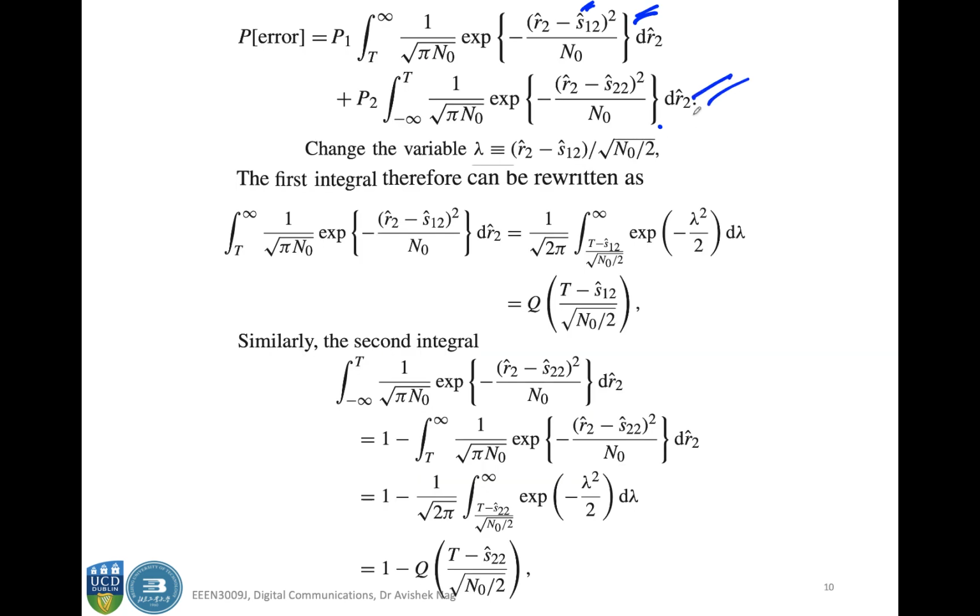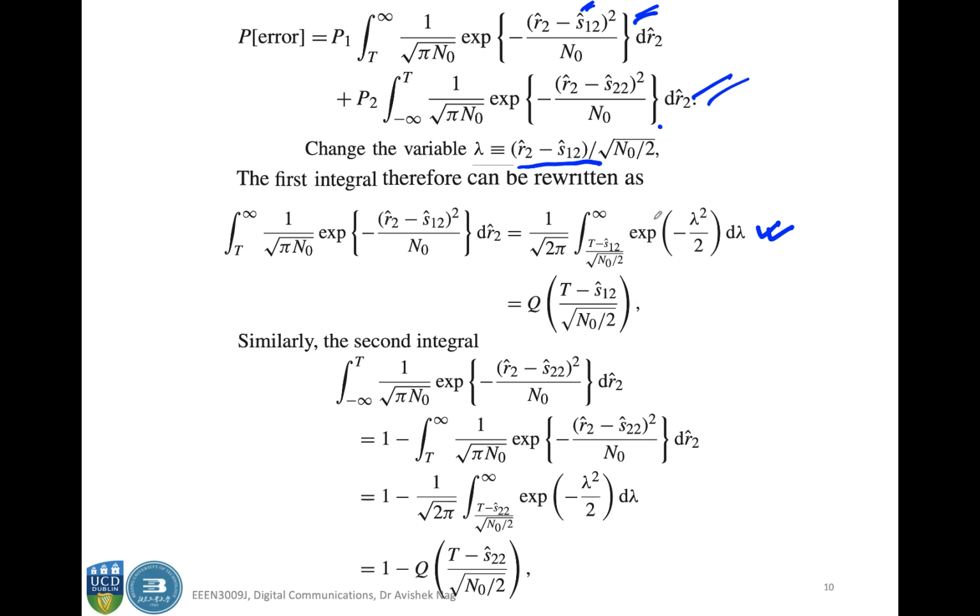Now if you make a change of variable, like let's say you replace this term with lambda, the first integral can be written as this, and this can be written as a Q function.